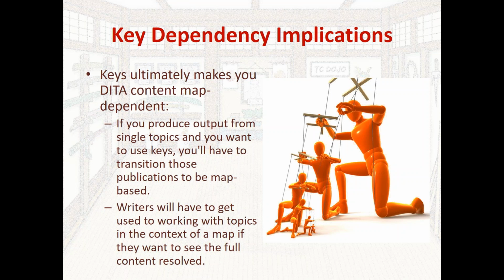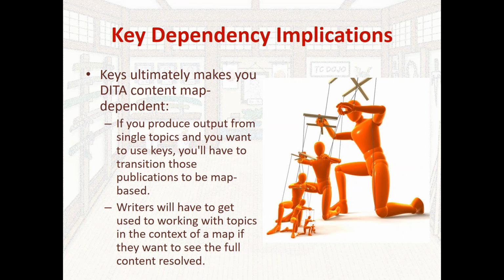This can be frustrating if essentially all you want to do is produce a single topic, but you always have to refer back to the map from which it is being referenced. It's a little bit of a pain. It's not really a big pain, but again, if you're not used to this process, it can be a little bit disconcerting.